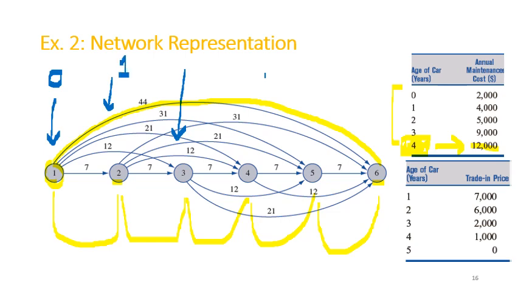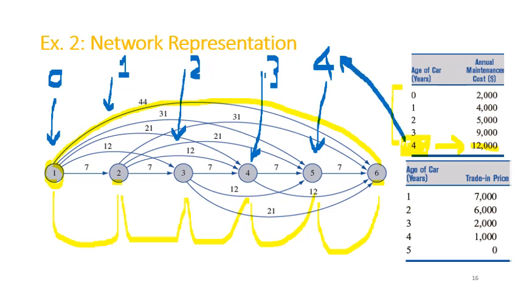At the beginning of year 3, my car's age is 2. At the beginning of year 4, my car's age is 3. At the beginning of year 5, my car's age is 4. And then you can use it 1 more year so you can reach the beginning of year 6. So that's why you have an arc that goes from 1 to 6.